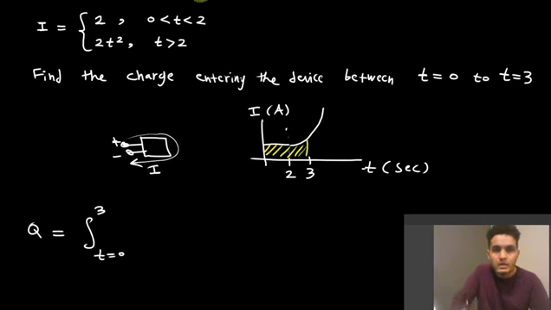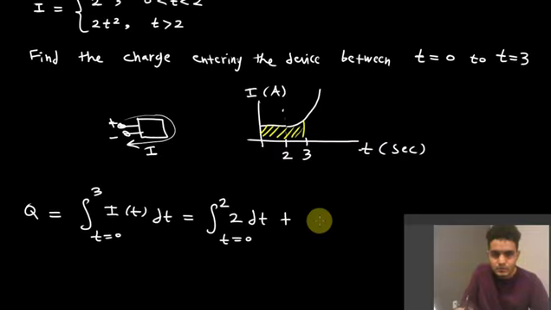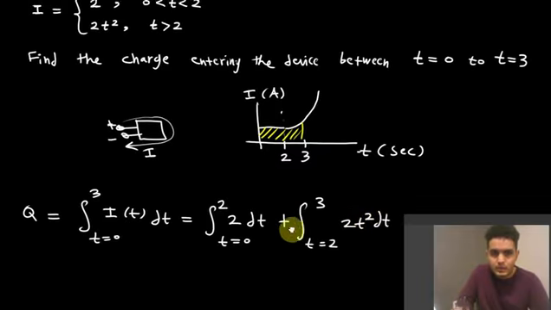let me just do it generally first. I of t dt, from t equals 0 to 3. We can break the integral down further into the piecewise function. So now we have the integral from 0 to 2 of 2 dt plus the integral from t equals 2 to 3 of 2t squared dt.